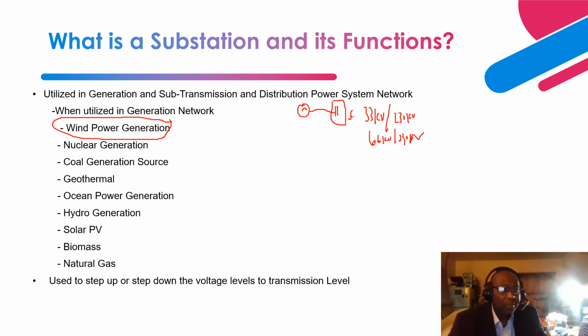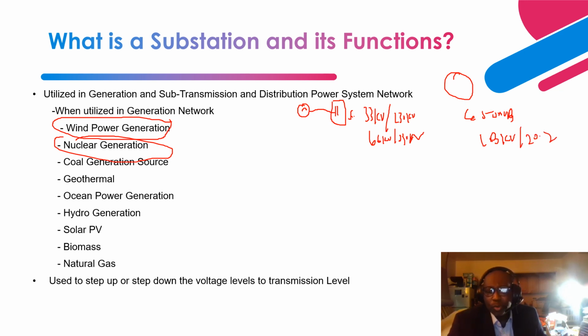The next energy source that is integrated to a substation is a nuclear generation power plant. Inside the nuclear generation plant, you have a big generator. Let's say you have a 650 MVA generator with an output voltage of 18 kV, and sometimes you can have, let's say, 20.2 kV as the output voltage.